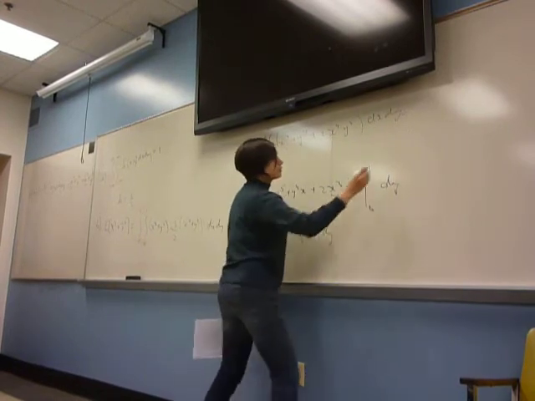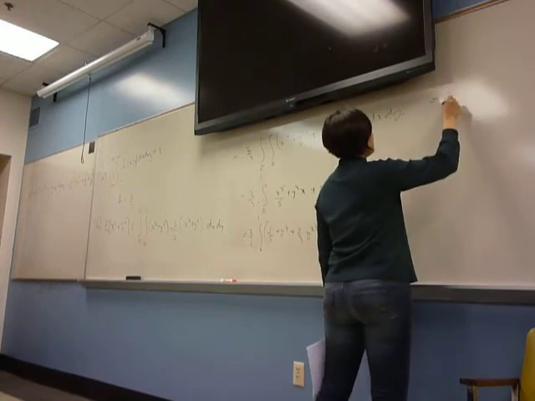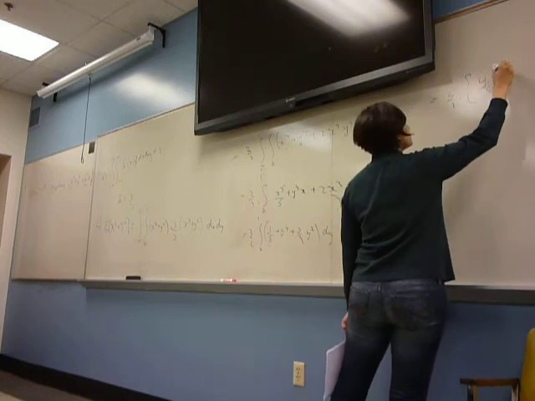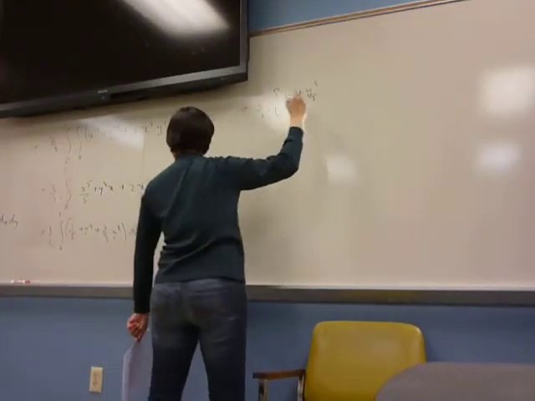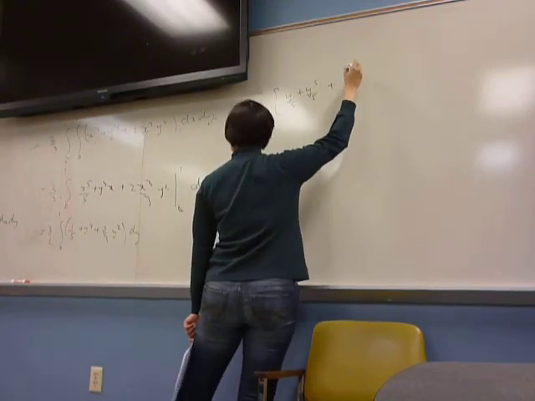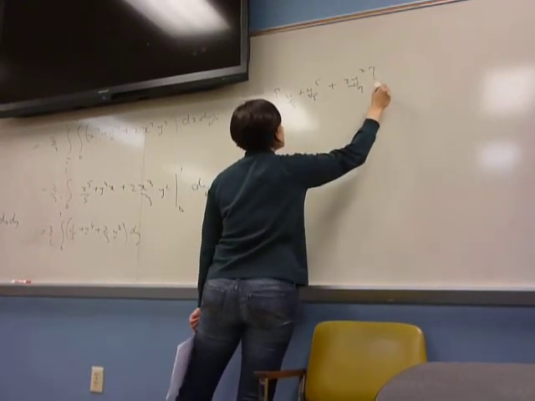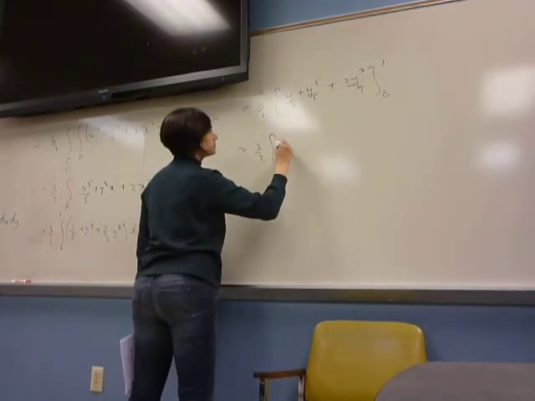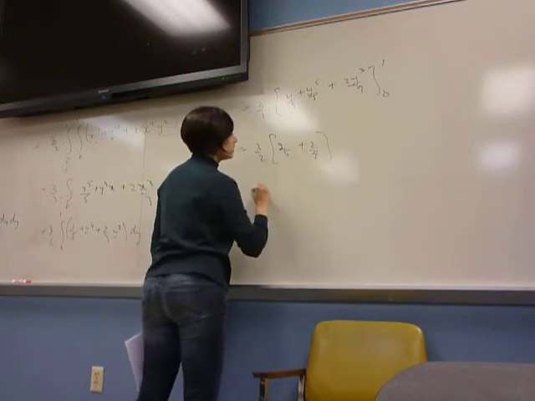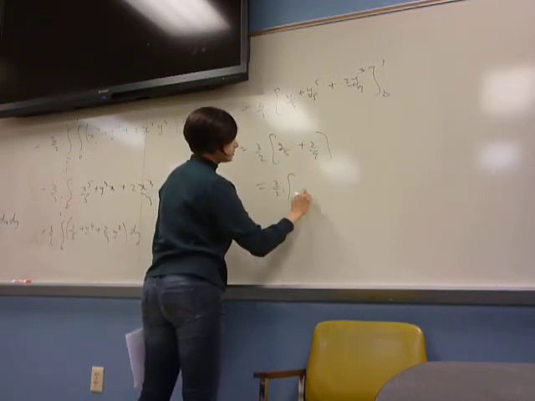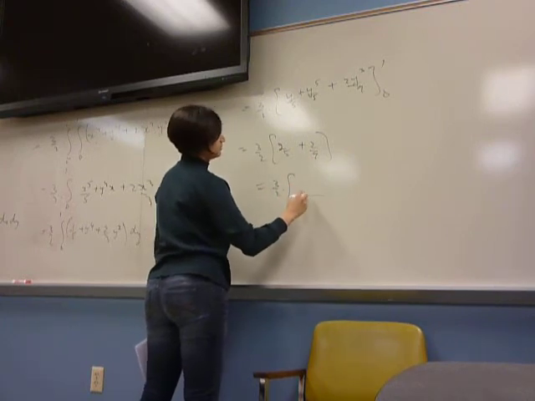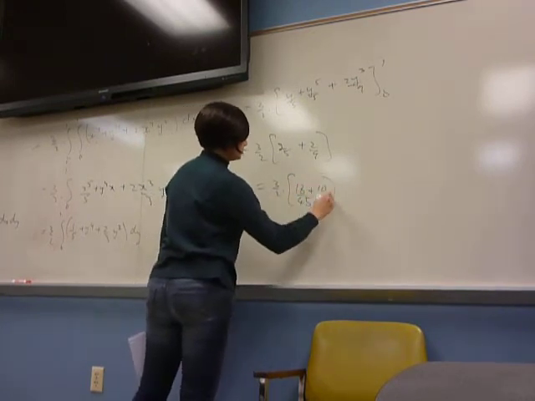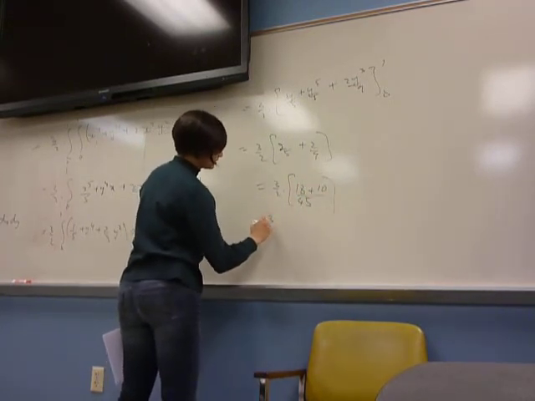If you integrate with respect to y, you get y over 5, y to the 5th over 5, plus 2y cubed over 9, from 0 to 1: 1/5 plus 1/5, or 2/5, plus 2/9. What do you get this to be?